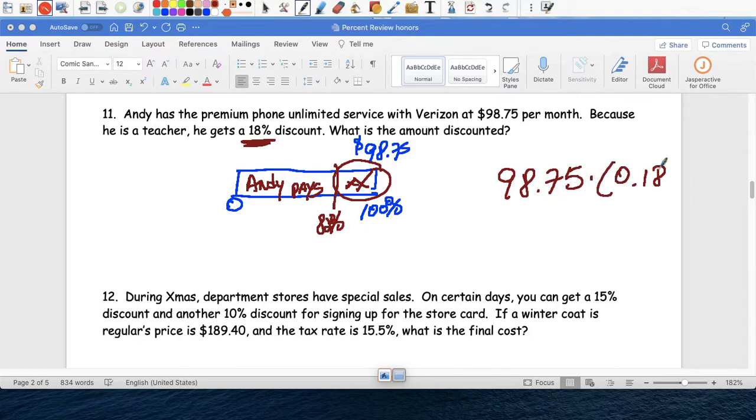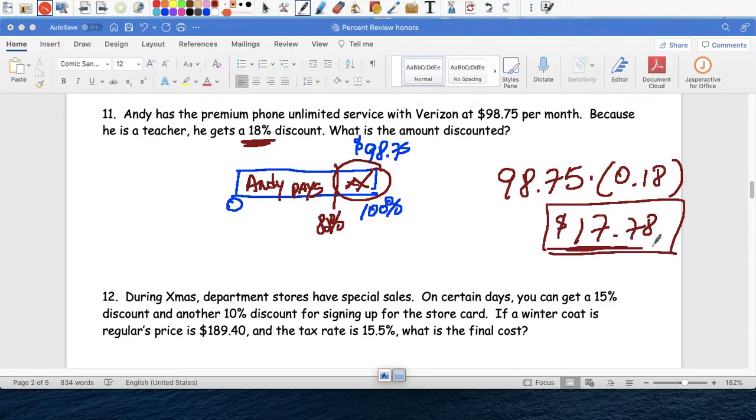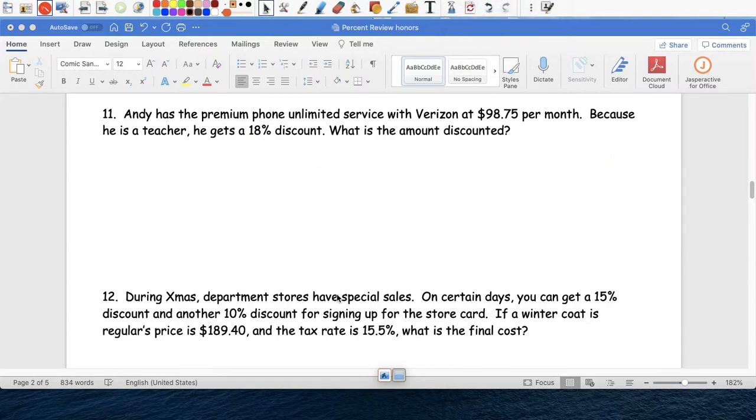And we get to find out how much was taken away. 98.75 times 0.18 equals, so they discounted $17.78 from $98.75. So this is the discounted amount. And whatever is left over, when you subtract those two, would be how much Andy pays. But we're not interested in that because nobody asked about it.